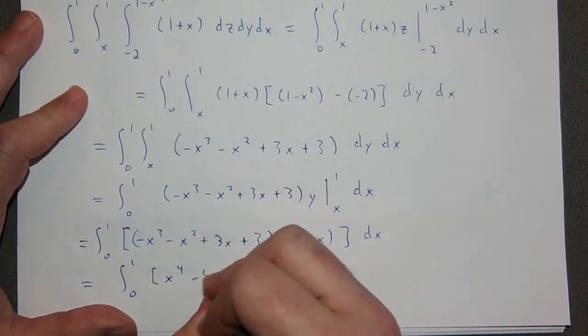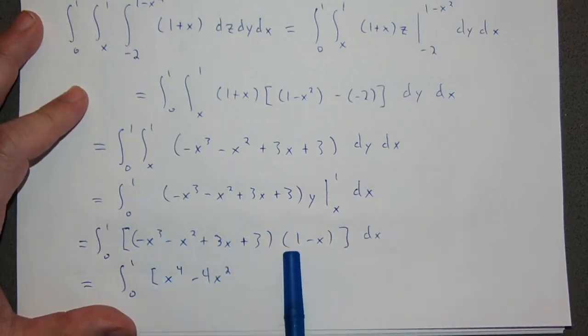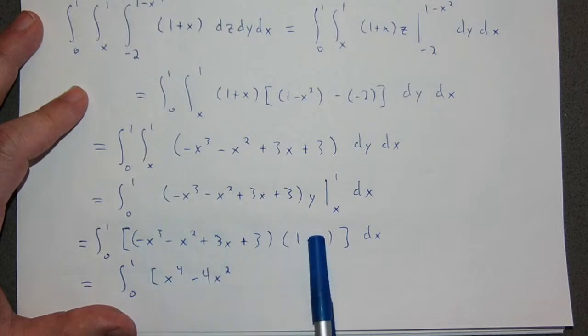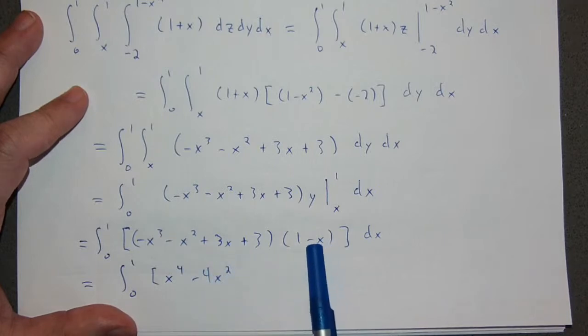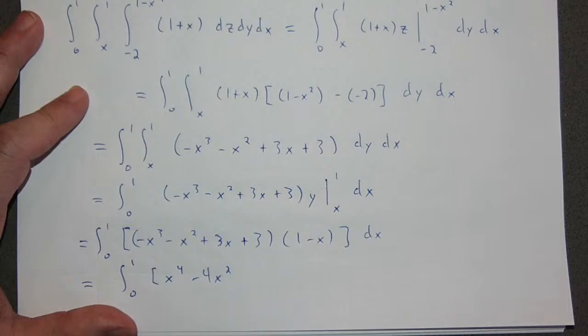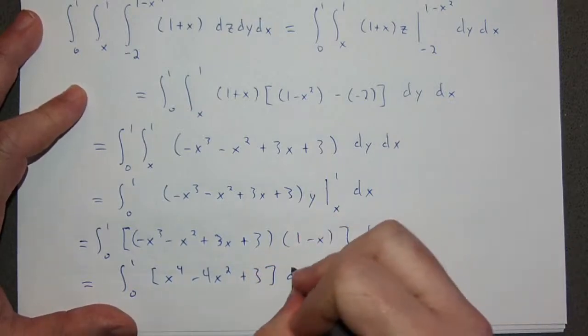So that's minus 4x squared. The x cubed terms cancel because I'm going to get minus x cubed plus x cubed. So that cancels. The x terms also cancel because I'm going to get minus 3x plus 3x. And so the only thing that's left is the constant term, which is plus 3. Okay, dx.